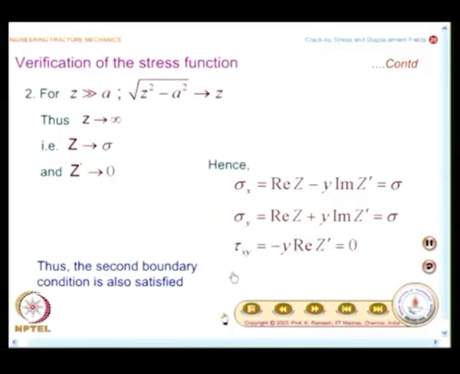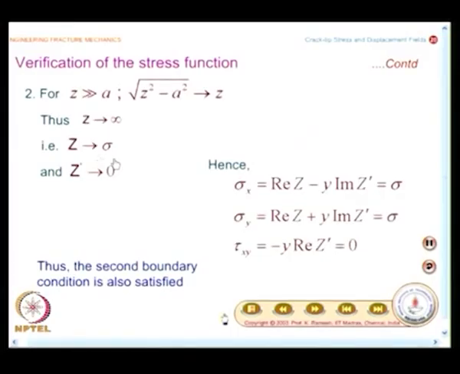Biaxial tension is the load that you have applied, and shear stress is obviously 0, because Z prime is 0 at infinity. And we have already looked at on the y equal to 0, tau xy is 0. So, all the 3 boundary conditions are satisfied. See, as of now, how does the solution look like?